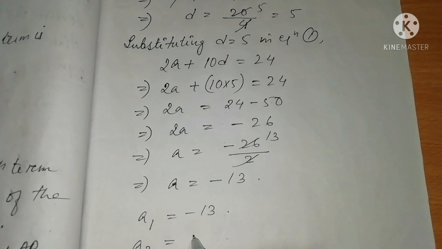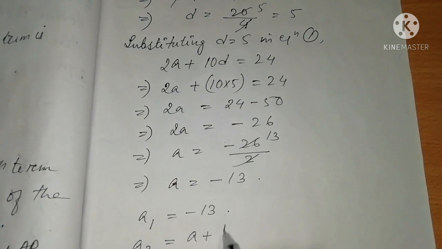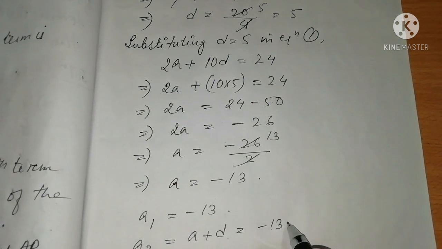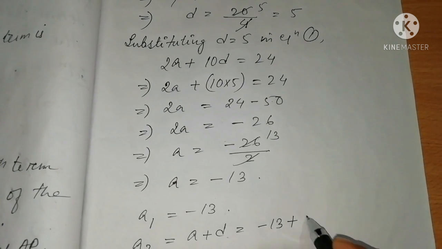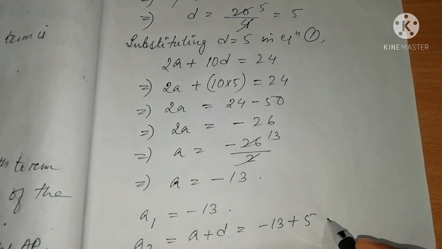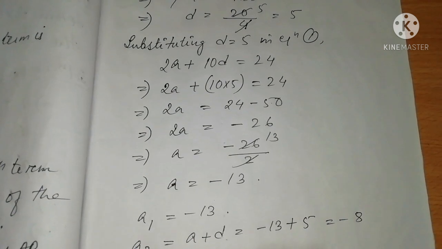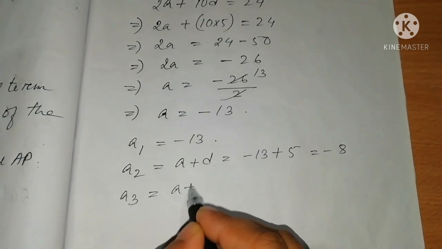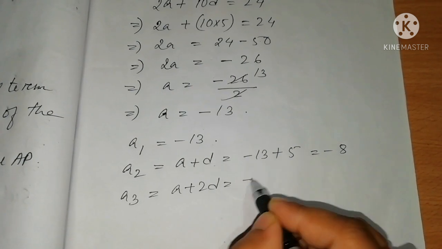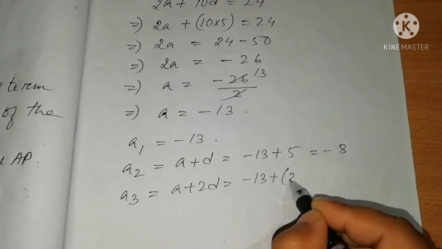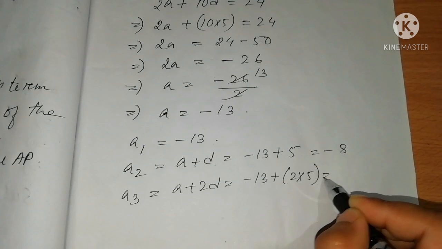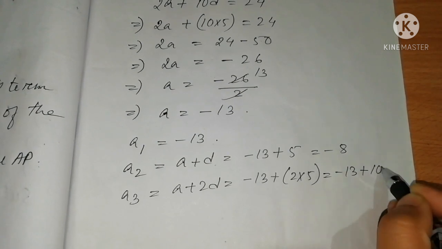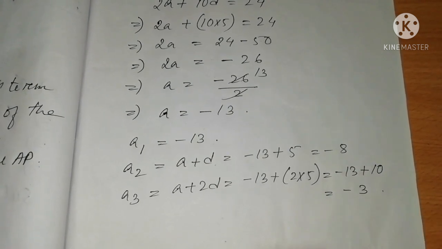A2, which means A plus D, is minus 13 plus 5, which will be minus 8. The third term A3, A plus 2D, so minus 13 plus 2 into 5. It will be minus 13 plus 10, which is equal to minus 3.